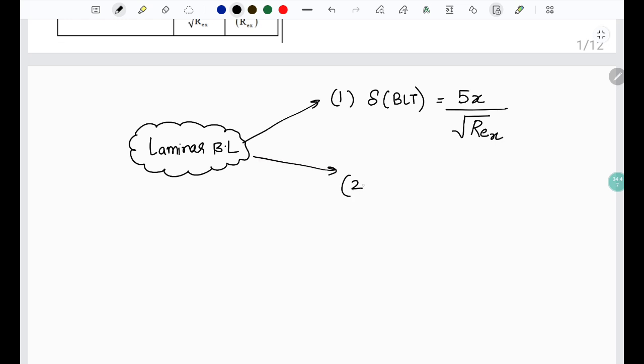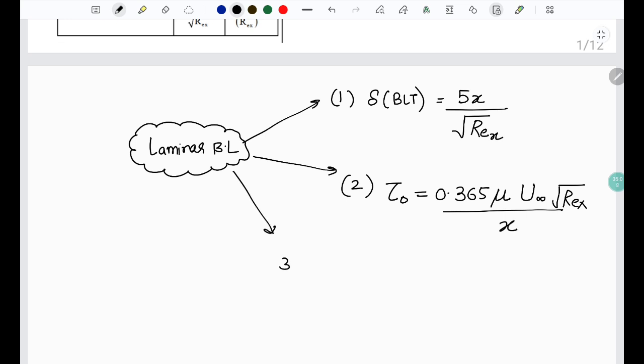The second term is the wall shear stress in terms of Reynolds number. It is given by 0.332 mu, the dynamic viscosity, u infinity root under Rex, whole divided by x.